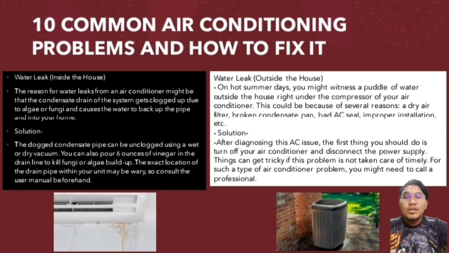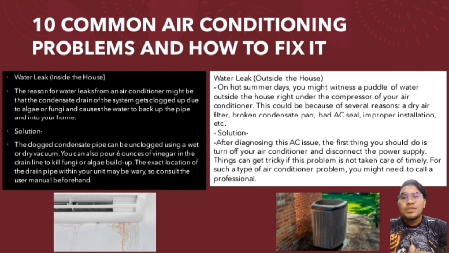Next is water leak outside the house. On a hot summery day, you might witness a puddle of water outside the house, right under the compressor of your air conditioner. This could be because of several reasons: a dirty air filter, broken condenser fan, bad AC seal, or improper installation.